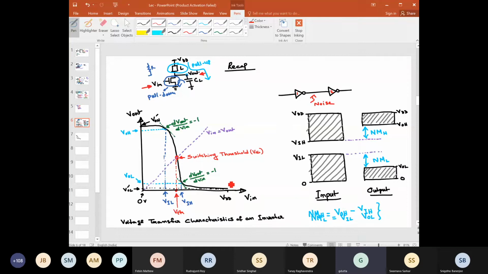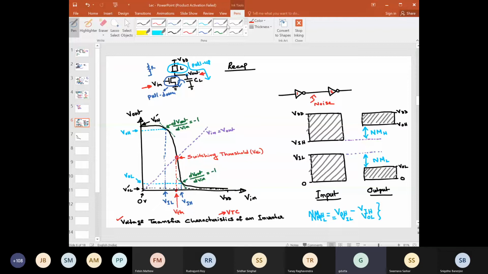Right. So this is the shape of the voltage transfer characteristics, or in short, what we have also called VTC, right? So if this is the shape of this VTC, then we have also defined a couple of points on this VTC.